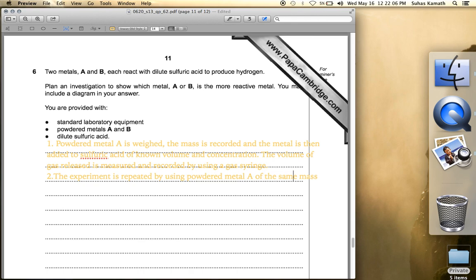The experiment is repeated by using the same mass and is added to the same volume of sulfuric acid, metal A. So you would stop here, and nothing of this is needed.